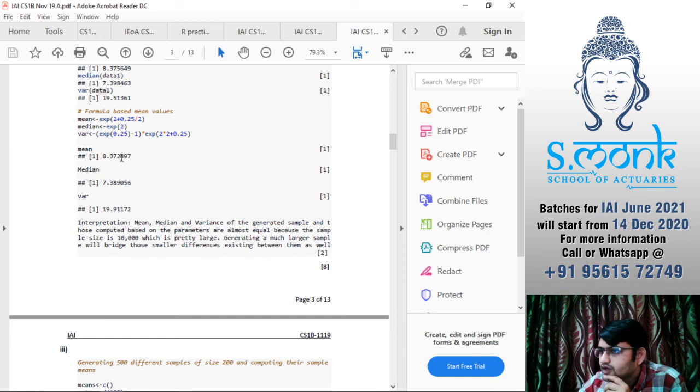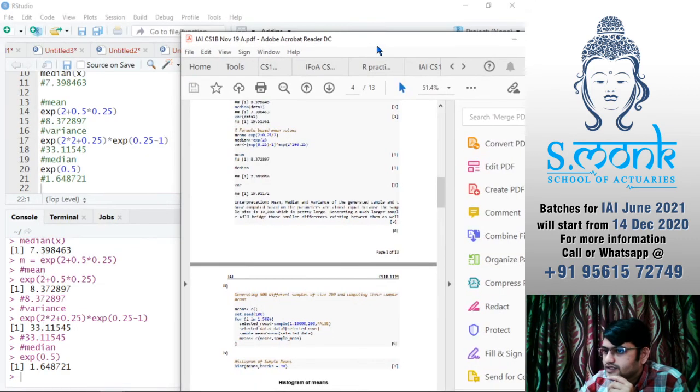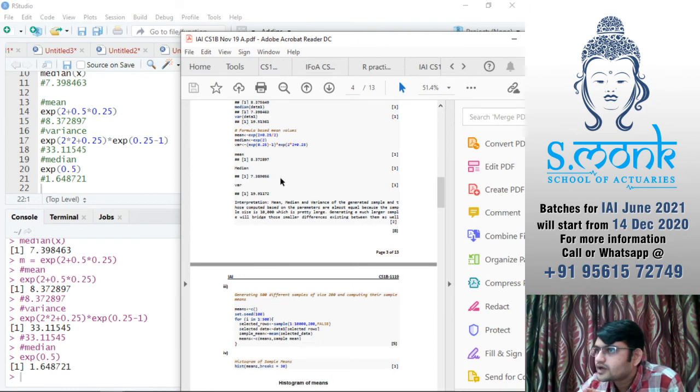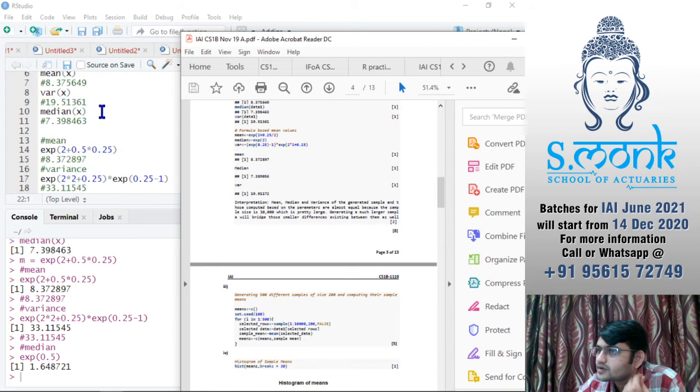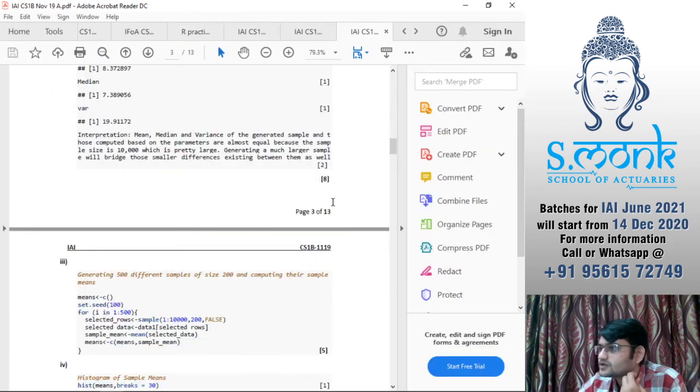Yeah, we are getting almost the same answers here, rather exactly the same. Median is 7.389. Yep, almost the same answer. Variance 19.91, I think. Yes, okay, almost the same answer.